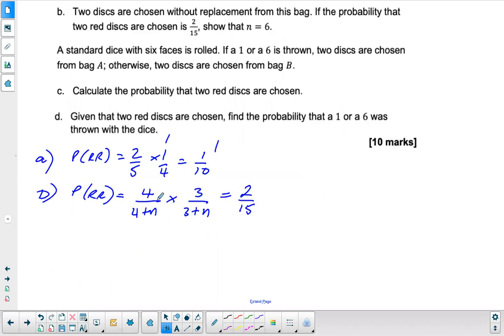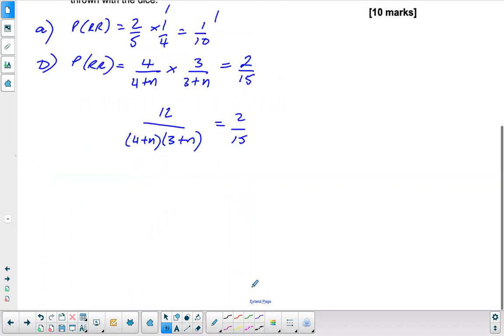Let's make this a single fraction to start with. Sorry, what am I talking about? We're not adding that, I'm multiplying. It's a lot simpler than I'm trying to do. Multiply, so 12 over 4 plus n, 3 plus n equals 2 out of 15. And you can work that through until you get to a solution, which is that n equals 6.